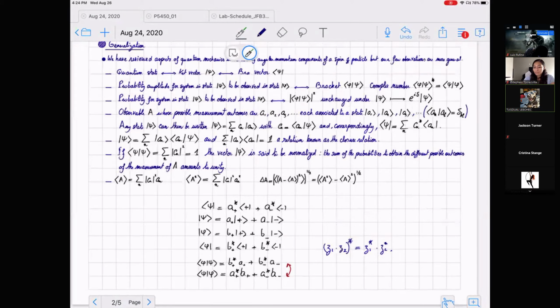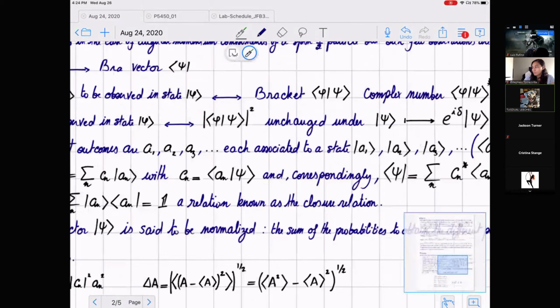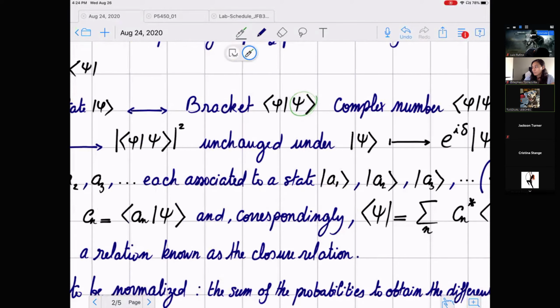Okay, so states are specified by kets that are associated with bras. This is going to be called a probability amplitude. So if you have a state that is prepared in the state psi, and you measure something whose outcome corresponds to the state phi, then phi psi is going to be the probability amplitude for the particle in state psi to be found in state phi.